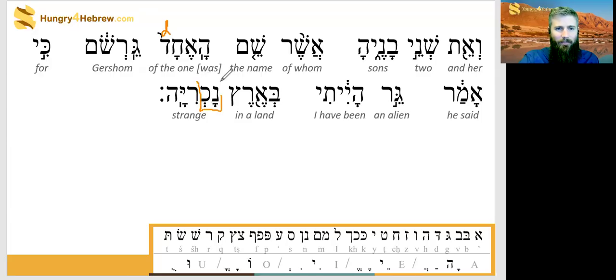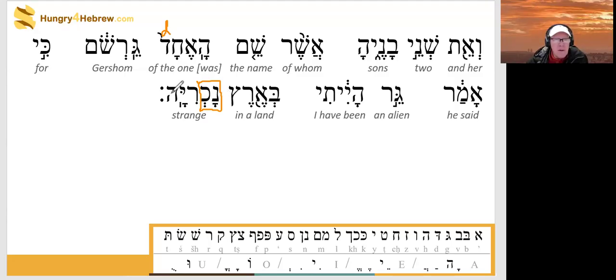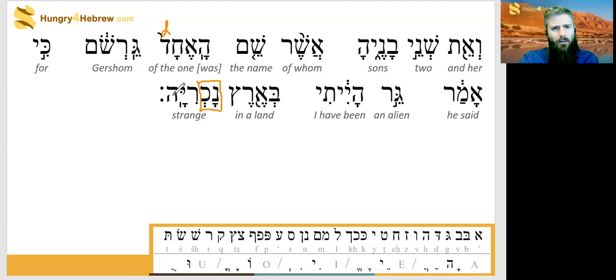Nochriya. Or actually, no. It's an adjective. Eretz nochriya. It would have to be an adjective, wouldn't it? Okay, I'm torn about whether it's a noun or an adjective.